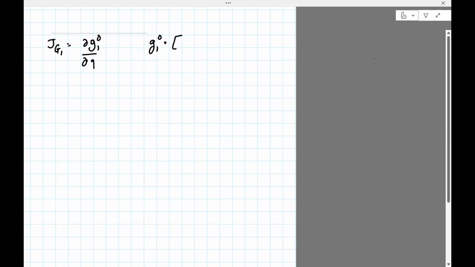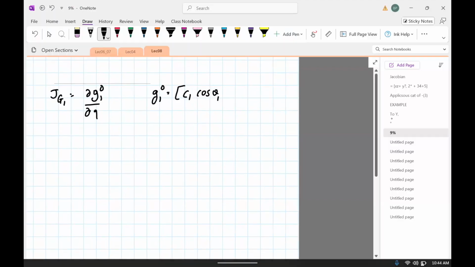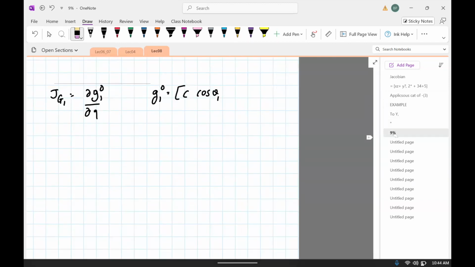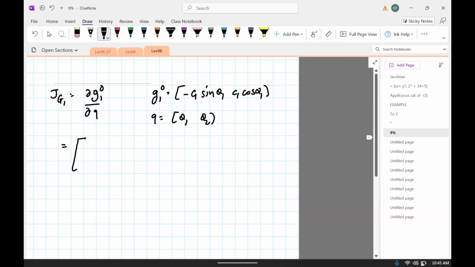G1,0 is C1 sine theta 1, minus C1 cosine theta 1, and then q is theta 1, theta 2. So expanding this out, if you like to think of this as xG1 in frame 0, yG1 in frame 0, those are their functions.